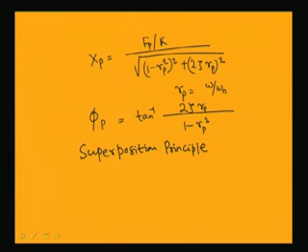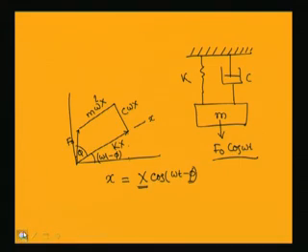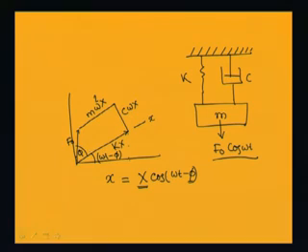So, in today's class we have studied a graphical method by using which we can get the response of the system. Also, we have studied the magnification factor, and in this graphical method I have taken the force polygon by drawing the forces, the spring force, damping force and the inertia force, and I have found the response of the system by drawing a line parallel to the damping force and forming a right angle triangle.